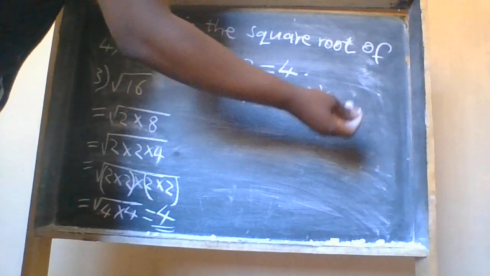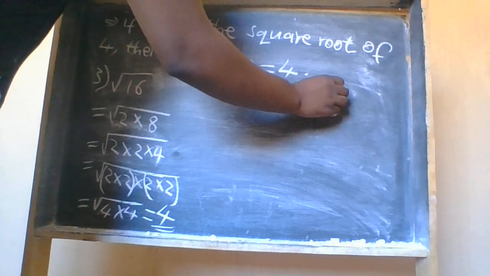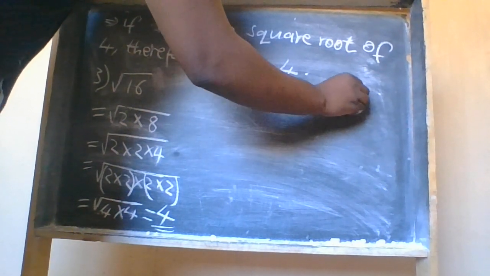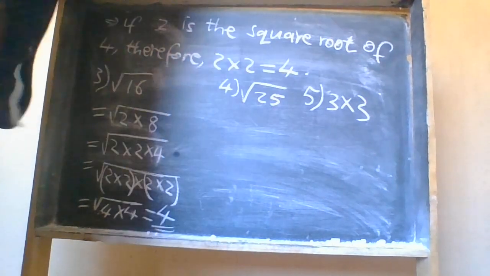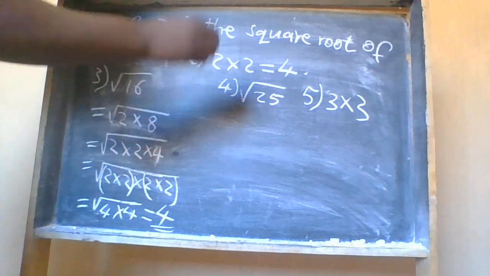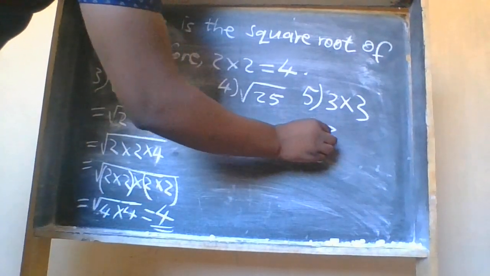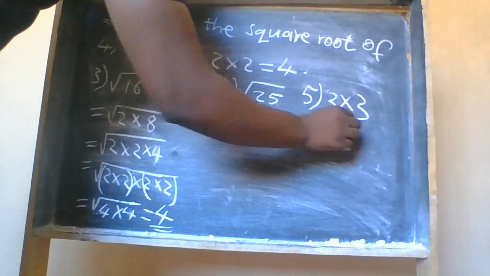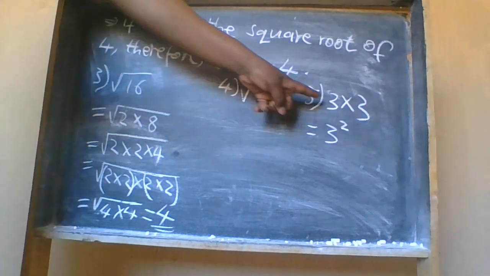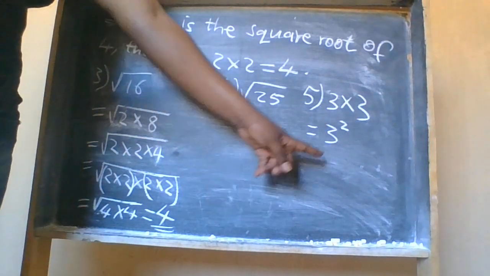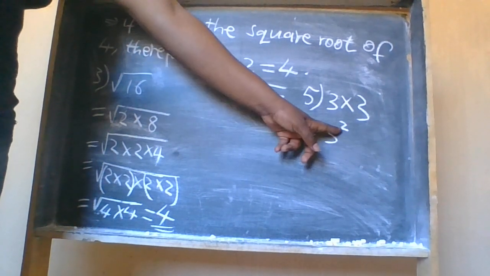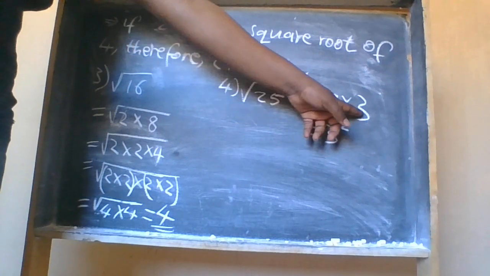A square, for example: if we say 3 times 3, this 3 times 3 is the same as 3 squared. That is what we mean by square. So 3 times 3 is the same as 3 squared, and 3 squared is the same as 3 times 3.